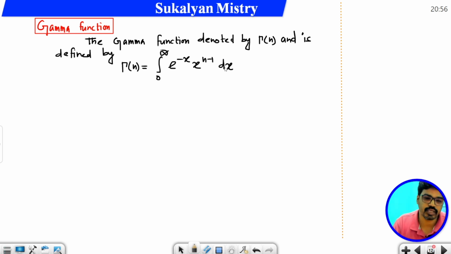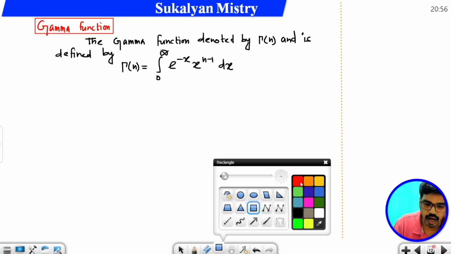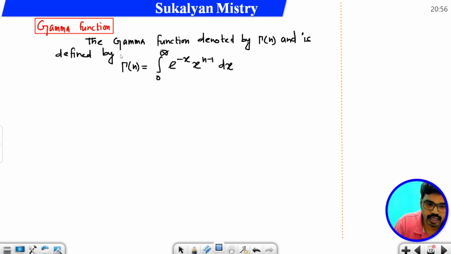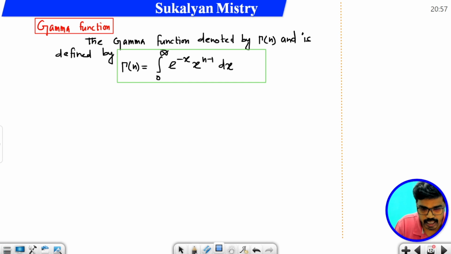So first of all note this: gamma n is equal to integral 0 to infinity e to the power minus x, x to the power n minus 1 dx, where n is positive, that is n is greater than 0, right, okay.